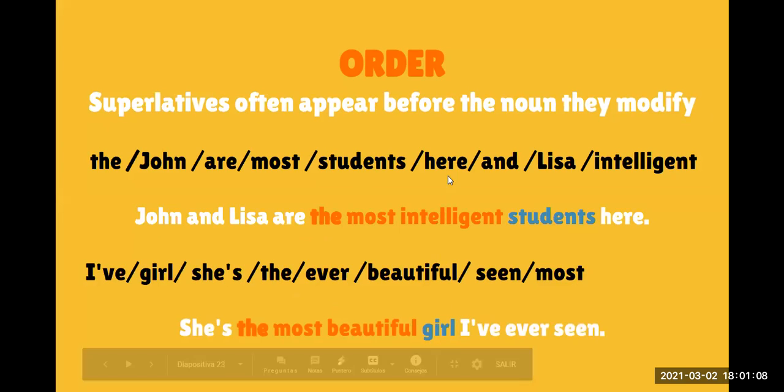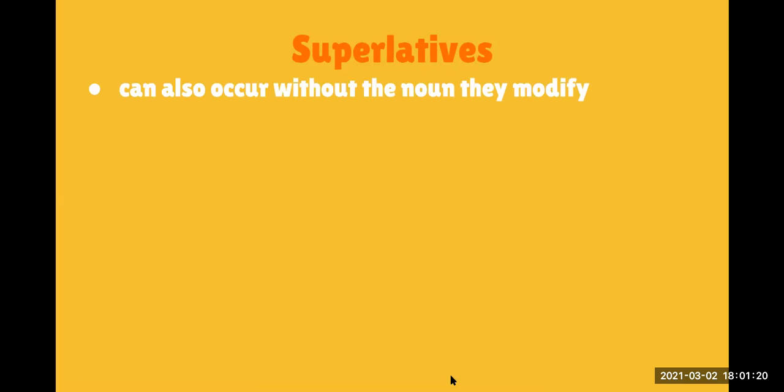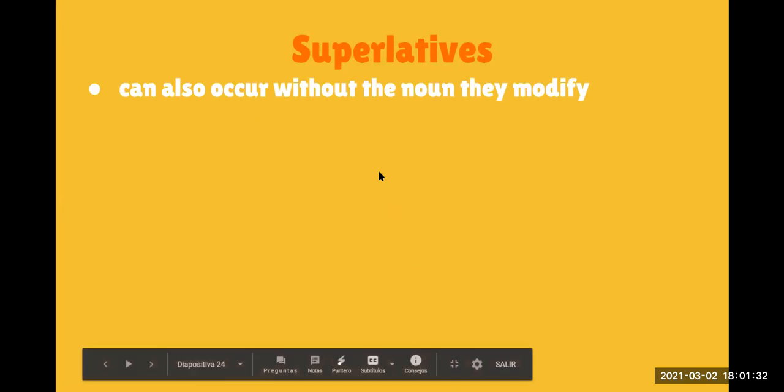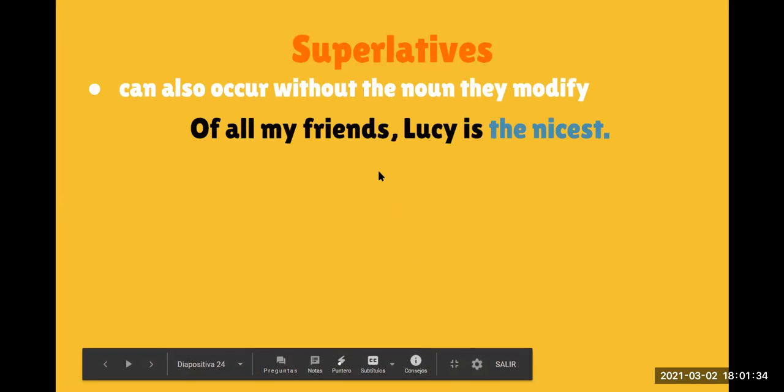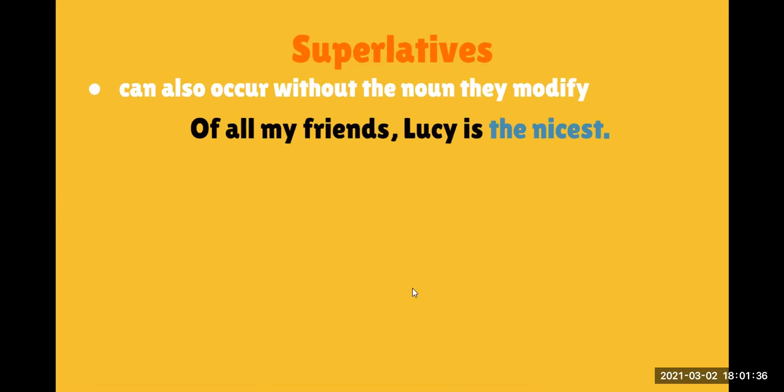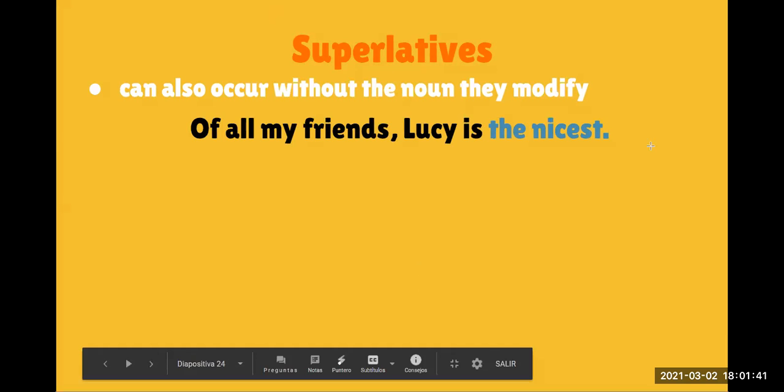Okay, then we have another thing. We are going to continue talking about superlatives. It says that a superlative can also occur without the noun it modifies. For example, of all my friends, Lucy is the nicest.